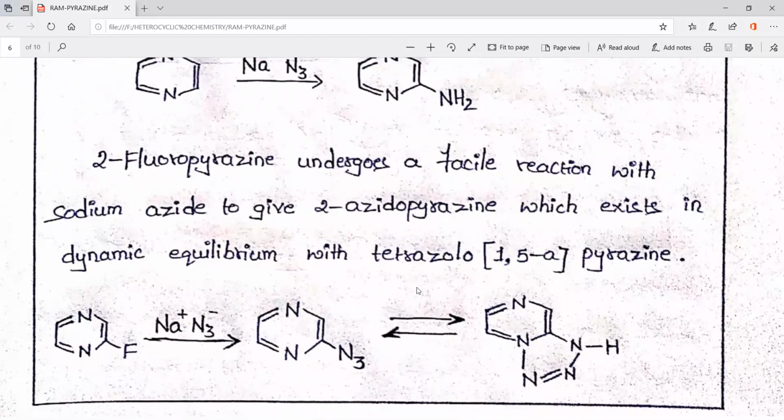So 2-fluoropyrazine undergoes a reaction with sodium azide to give 2-azidopyrazine, which exists in dynamic equilibrium with the tetrazolo[1,5-a]pyrazine.